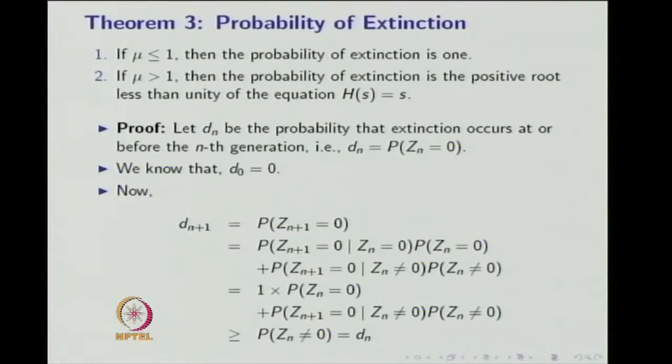Now, we discuss the probability of extinction in theorem 3. If mu is less than or equal to 1, then the probability of extinction is 1. If mu is greater than 1, then the probability of extinction is the positive root less than unity of the equation h of s equal to s, where h of s is the probability generating function of Z1.